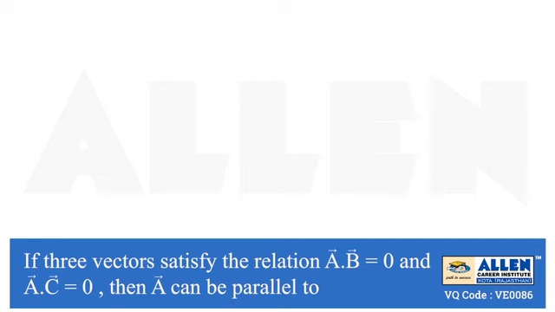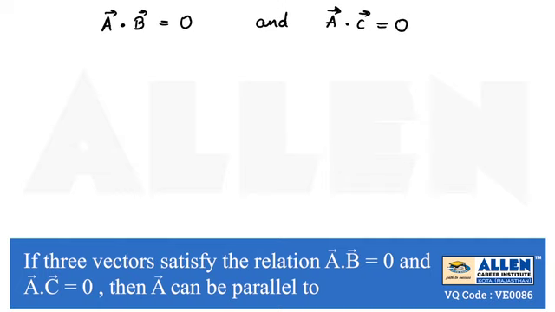Conditions are a vector dot b vector is 0 and a vector dot c vector is also 0.